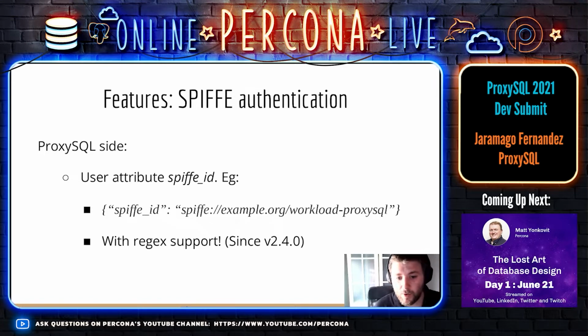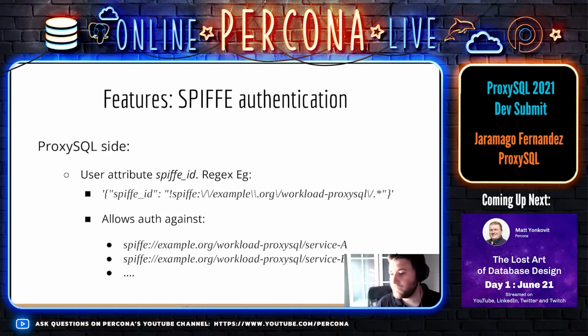So you can use a SPIFFE ID like the one that you are seeing there, which starts with an exclamation point and is then followed by the regex that could authenticate against several services, such as the ones with the URIs listed there.